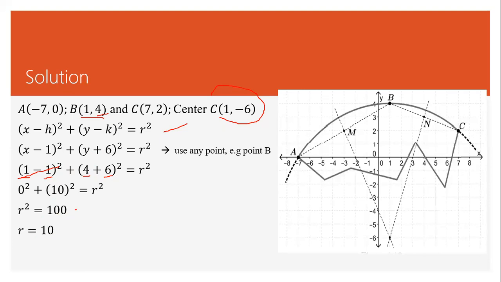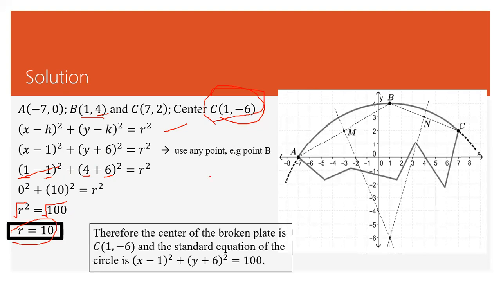So ang atong r, ito siyang extract. So r is equal to square root of 100, which is 10. So that's our r. Since we have our radius and we have the center, we can determine the standard equation of our circle.